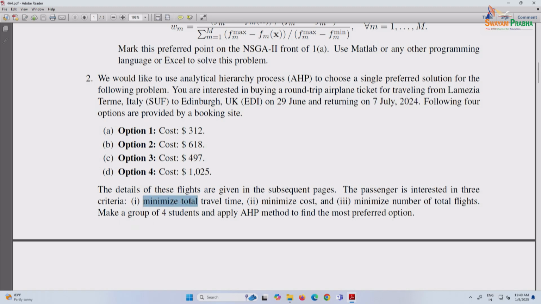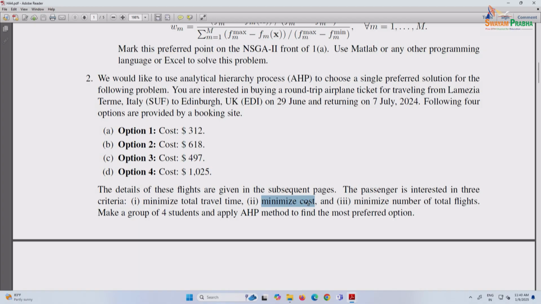First is minimize the total travel time, starting the flight time to finishing up the flight time, and anything intermediate in between. So total time from when you reach the airport for the flight until you land at the airport. Minimize the cost, overall cost of flights only. Minimize number of total flights, how many flights you are taking. So all these have to be kept in mind before picking one, and probably you do the same when you book a flight, right, or a train.